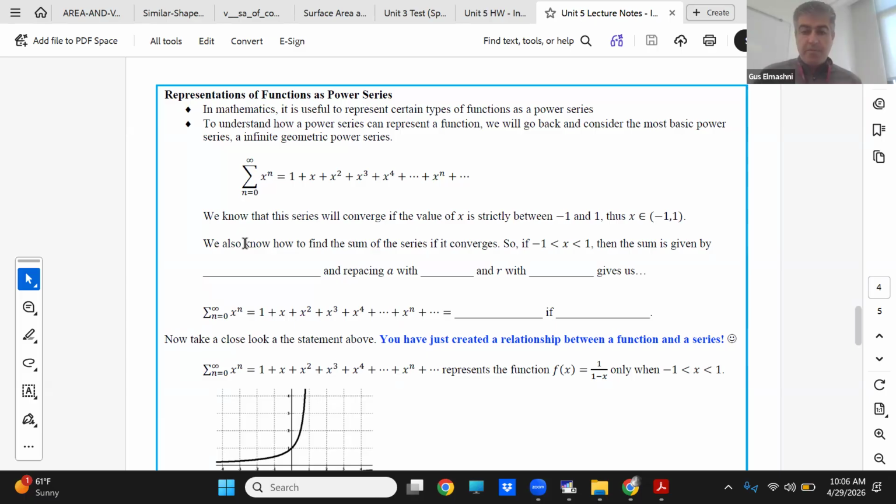We also know how to find the sum, right? We know this. S equals what? A over 1 minus r, where A is the first term. But in this case, A is going to be 1, and r is going to be x.